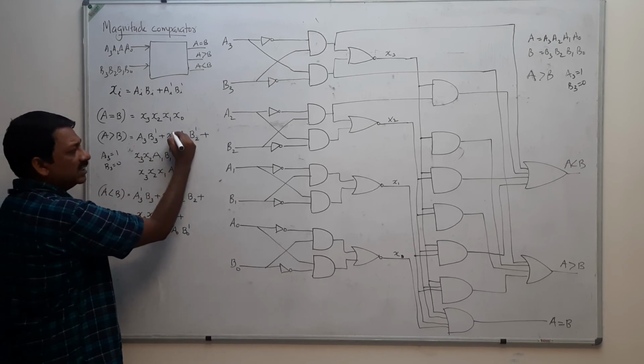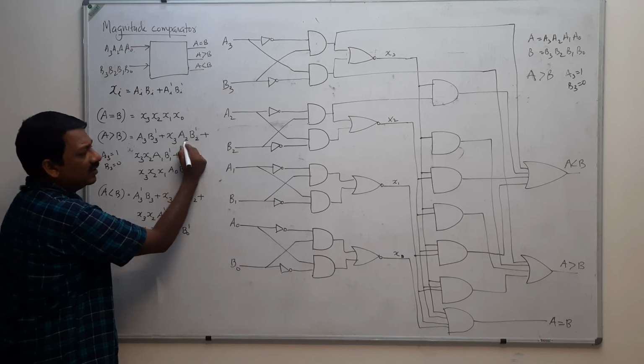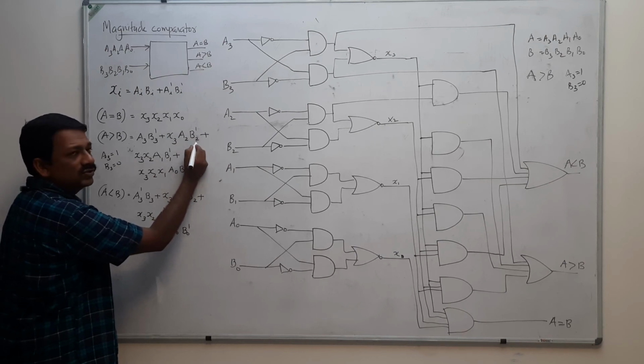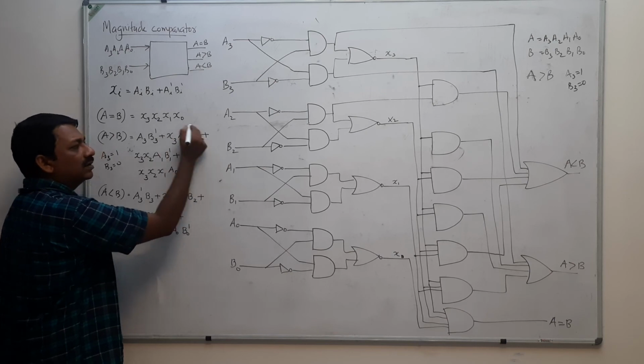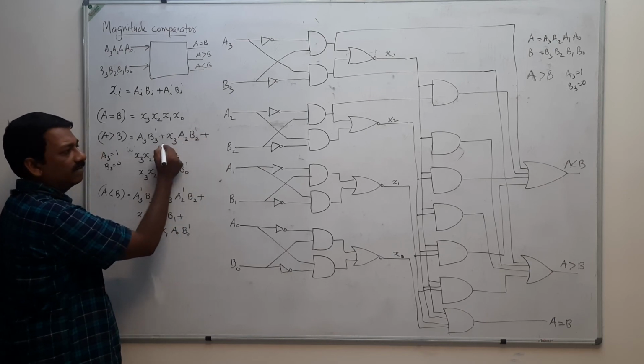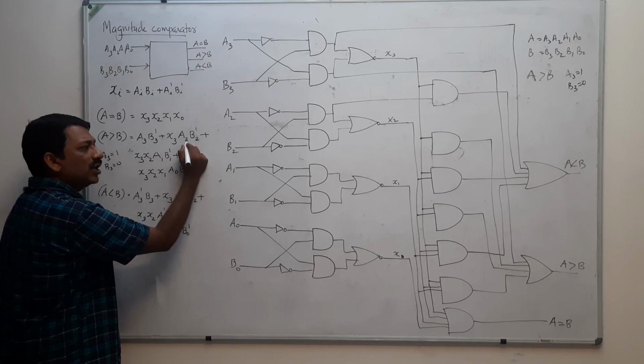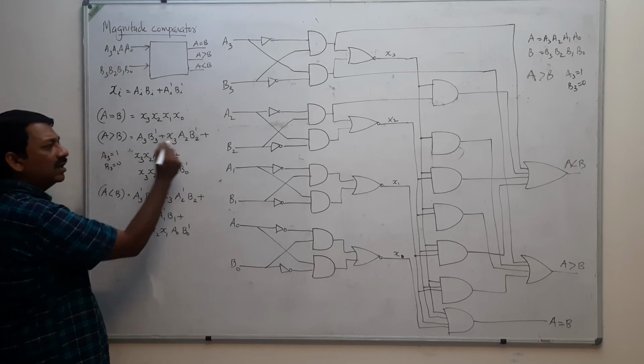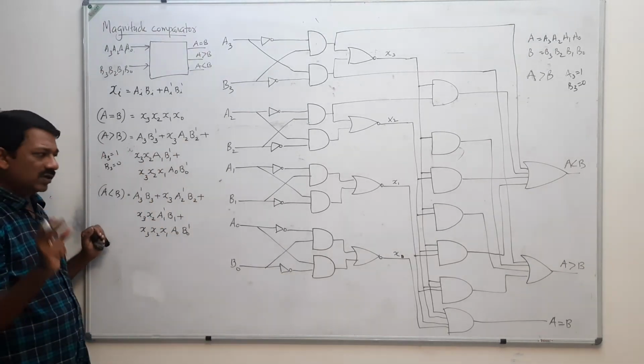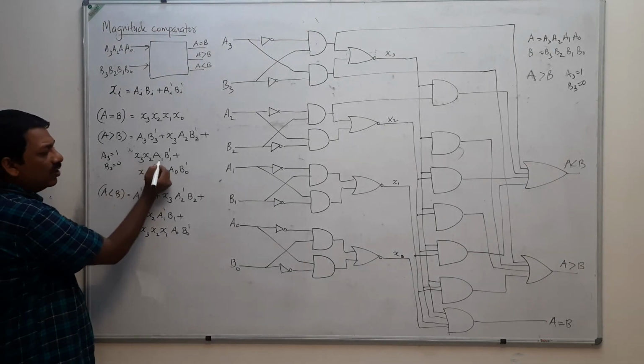Now X3 is 1. Then checking whether A2 is equal to 1 and B2 is equal to 0. If this is 1, that condition is satisfied. If there also A2 and B2 are same, then X3 and X2 will be 1s. Now we are checking for A1 and B1.